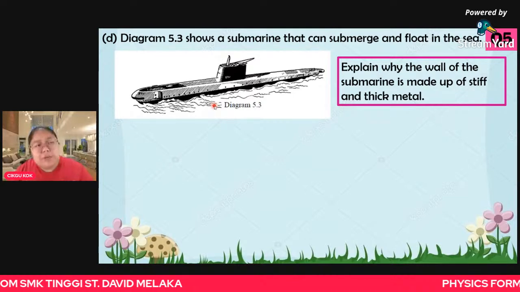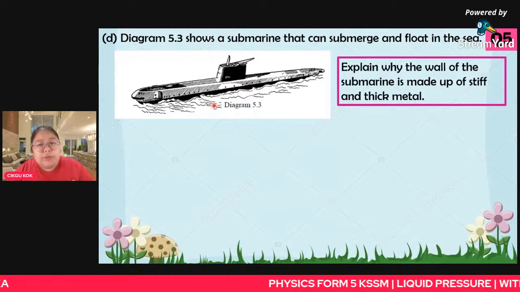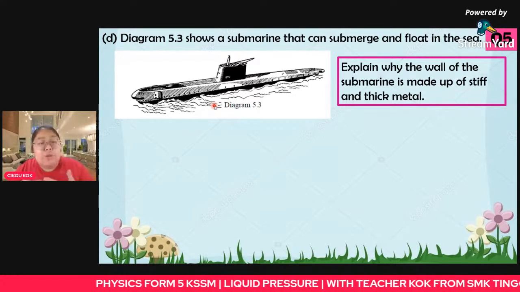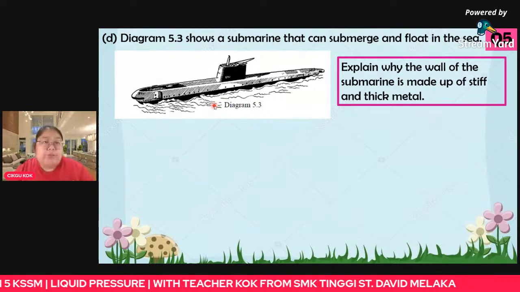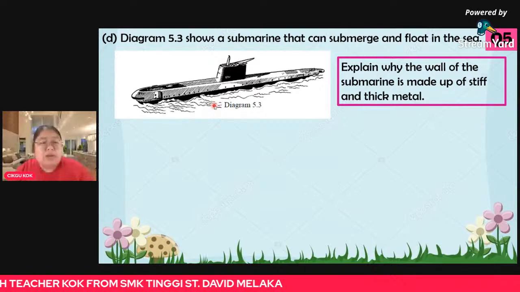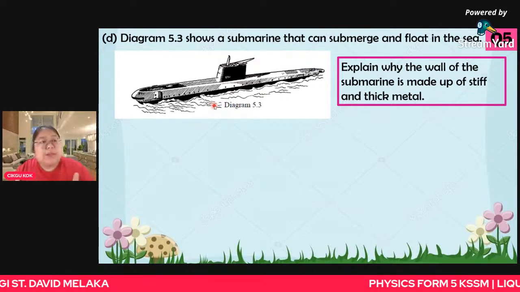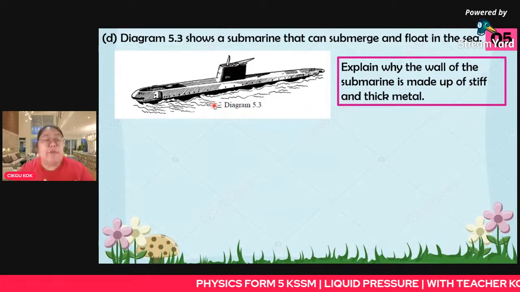When the pressure increases, the wall must be very strong, stiff, and thick, because you want to withstand the higher pressure of the liquid. Higher pressure produces bigger forces acting on the wall. So the wall of the submarine can withstand the high pressure and bigger forces.